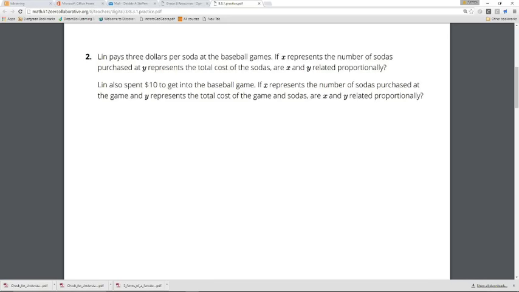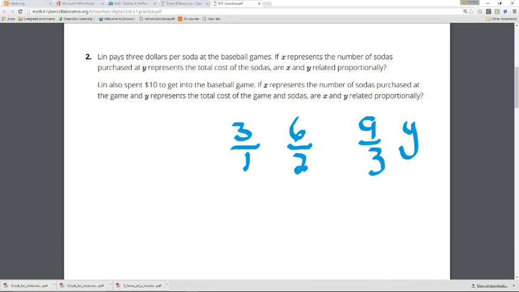Well, if she pays $3 for one soda, then she's going to pay $6 for 2 sodas, or $9 for 3 sodas. Every time I set up this ratio and divide y by x, I'm going to get the same answer. 3 divided by 1 is 3. 6 divided by 2 is 3. 9 divided by 3 is 3. Therefore, the answer to this question is yes.